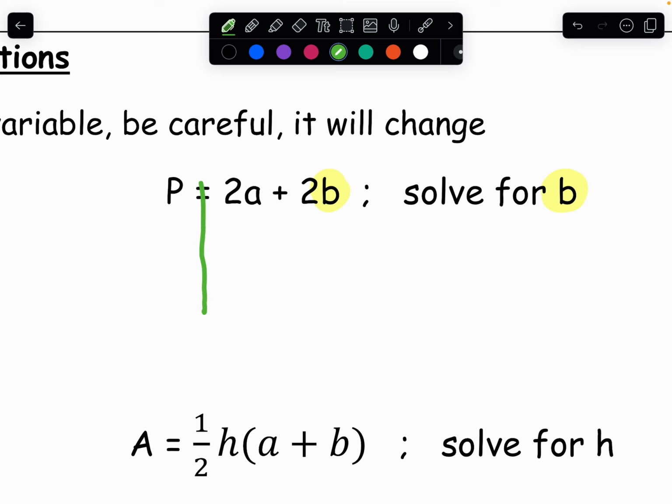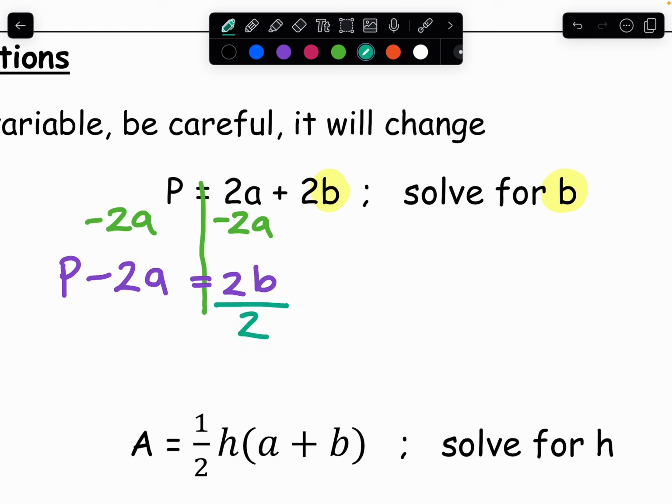So I'm going to isolate b. So I'm going to subtract 2a from both sides, giving us p minus 2a equals 2b. From here, I'm going to divide both sides by 2. Now, technically, we can have p minus 2a all over 2 equals b. That is one form.